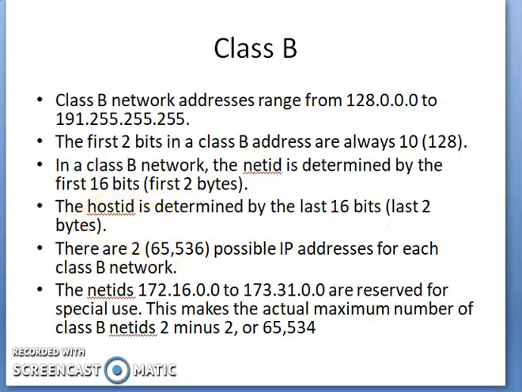So this is an example. How many hosts are possible in a class B address? 2 raised to power 16 hosts are possible, out of which one is the loopback address and one is the network address. So what is a loopback address? The loopback address is where both octets are set to 255, and the first octets belong to the network ID.